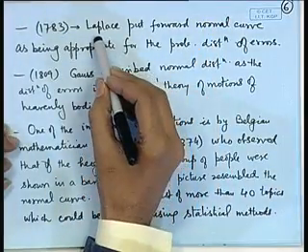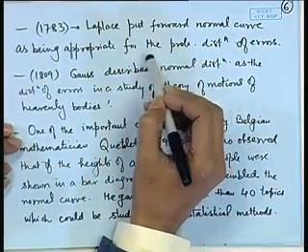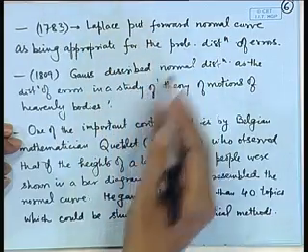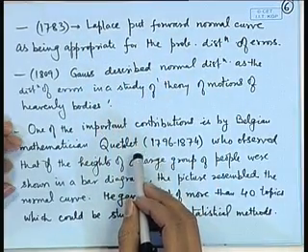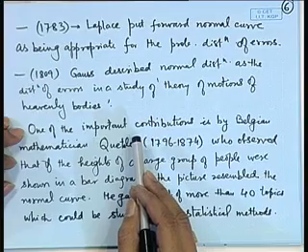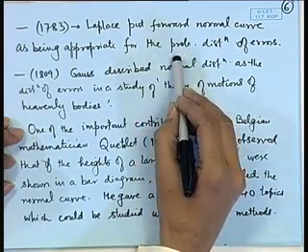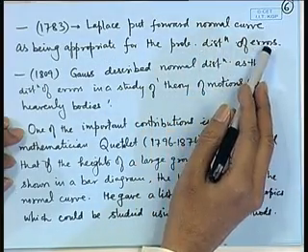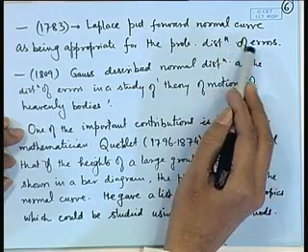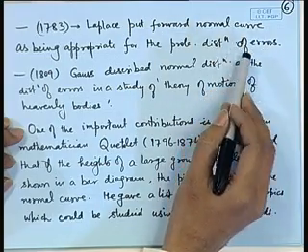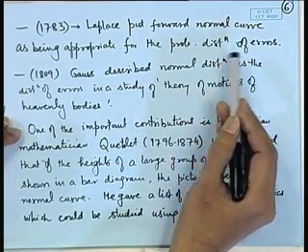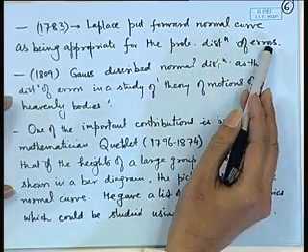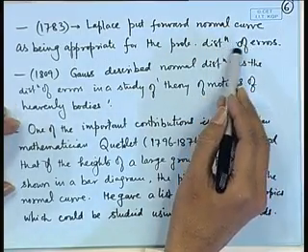The great French mathematician Laplace, in his manuscript in 1783, said that the normal curve can be used for describing the probability distribution of errors. So, when we are doing certain measurements and those measurements are not accurate, because of the measuring instrument or the person who is measuring, there may be errors, and you take several observations.